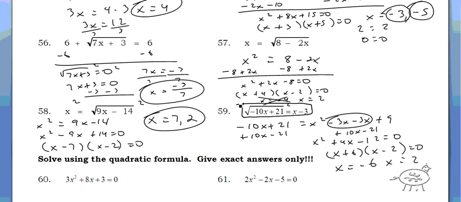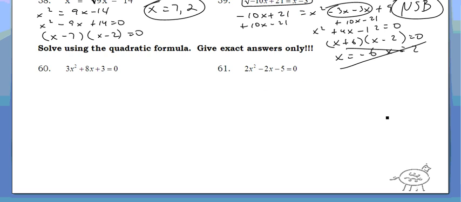Okay, and if I plug a negative 6 in there, negative 6 minus 3 is negative 9. That doesn't work. And 2 minus 3 is negative 1. That doesn't work. You can't take the square root of a number and get a negative value. So none of these work. So the answer to this one is NSB. No solution, baby. Okay? Very important.